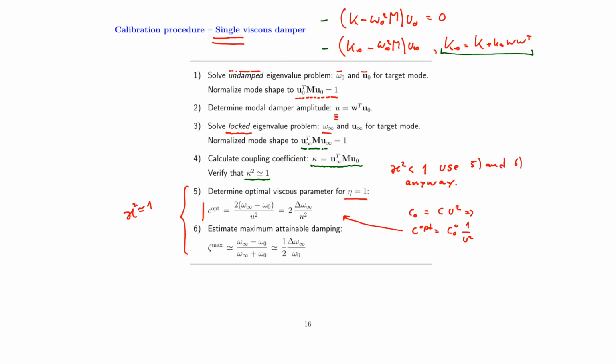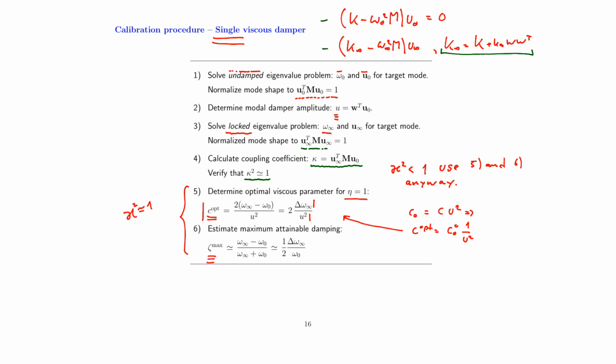Extremely simple. Calculate omega infinity, omega 0, take the difference between them, find your U parameter, divide those two and multiply by 2, and go out and buy yourself a viscous damper from a manufacturer.